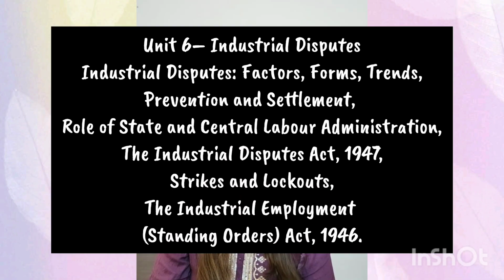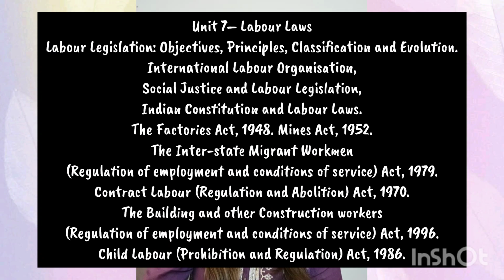Now we will move on to unit 6, that is industrial disputes. So factors, forms, trends, prevention, settlement, role of state and central labor administration, Industrial Disputes Act 1947, strikes, lockout, Industrial Employment Standing Orders Act 1946. Now we will move on to unit 7, labor laws.